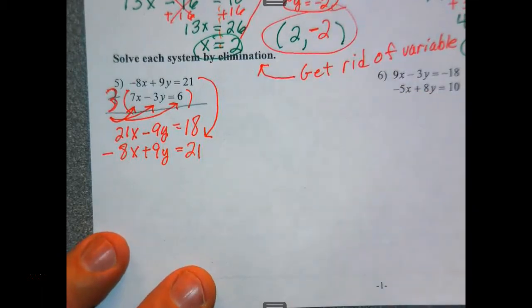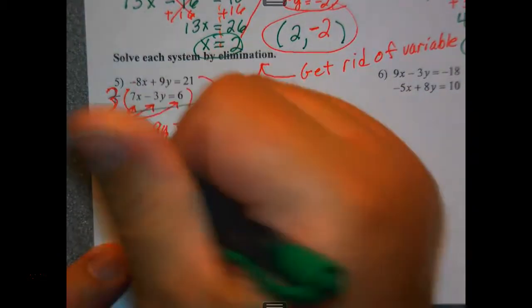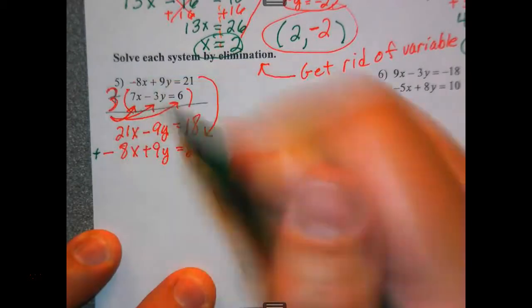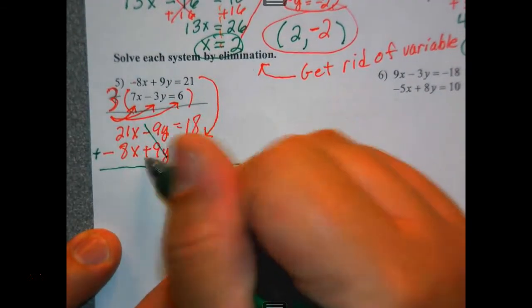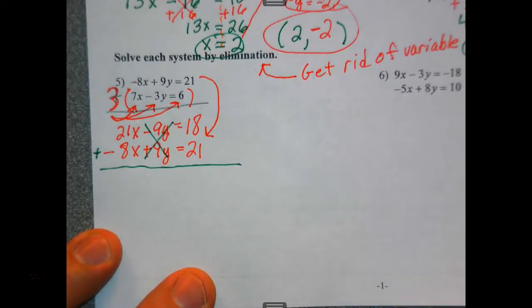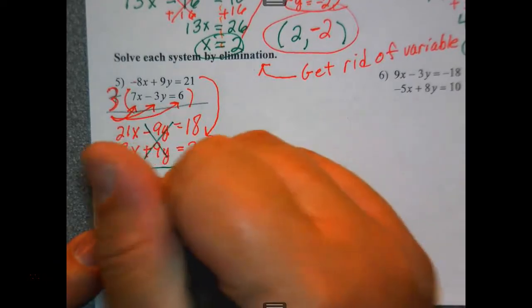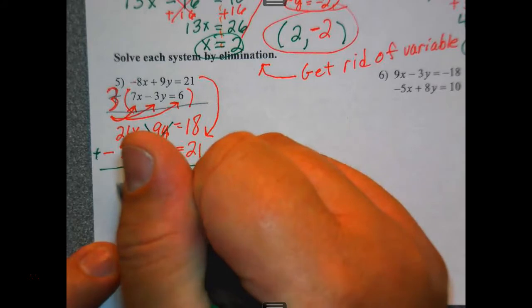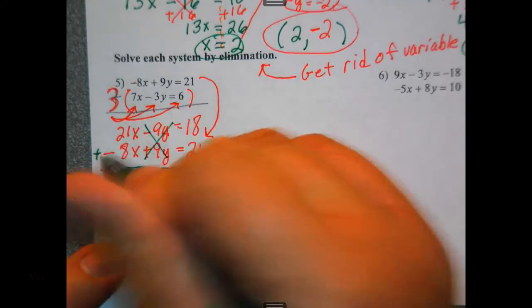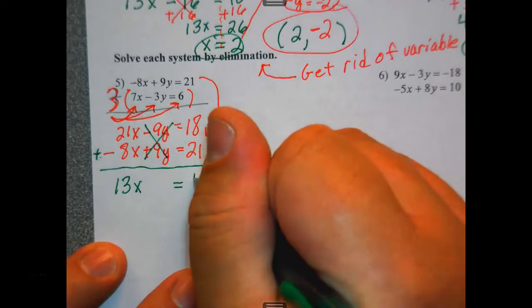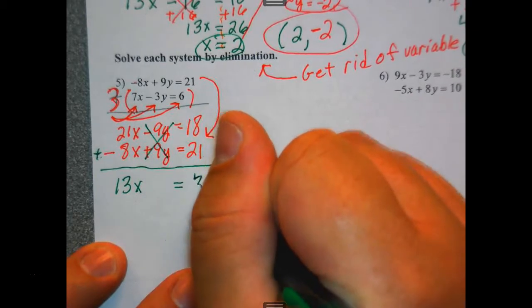Now when I add these together, one of the variables eliminates, the 9y's. 21x plus -8x is 13x. 18 plus 21 is 39.